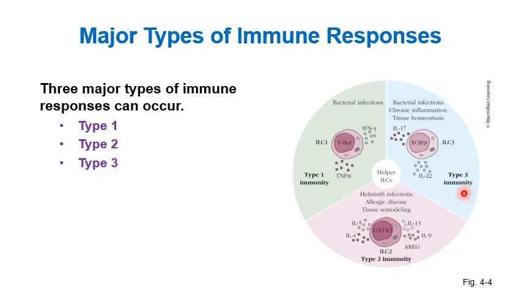And then type 3 really has to do with inflammatory types of responses, because you're going to fight extracellular types of pathogens. When type 3 responses go crazy, you can also develop long-term chronic inflammatory problems.